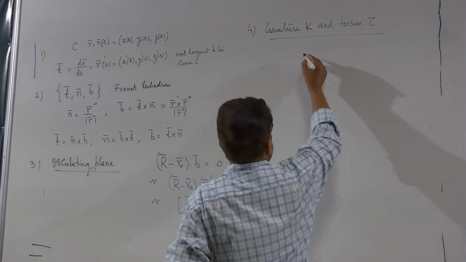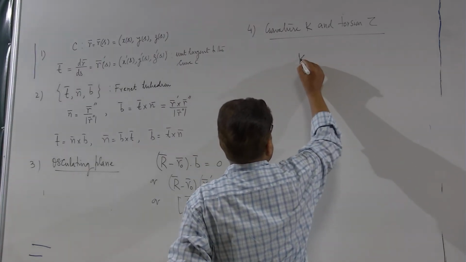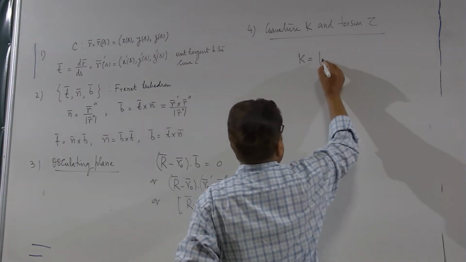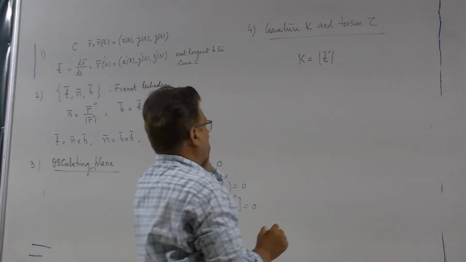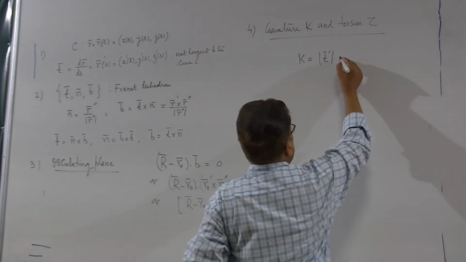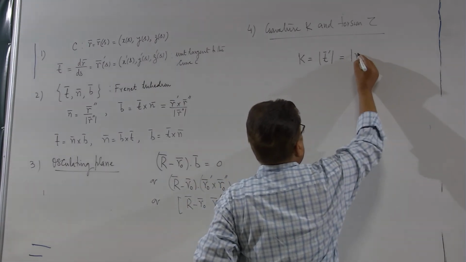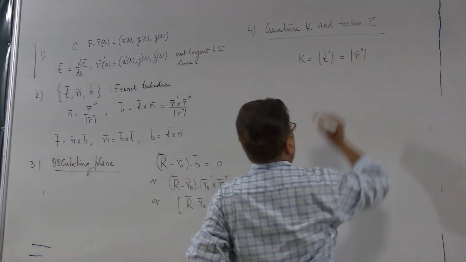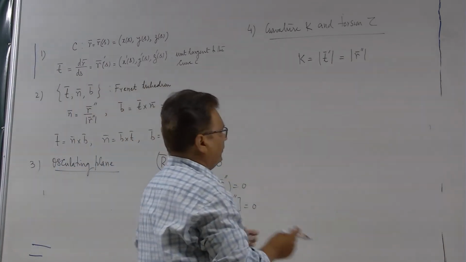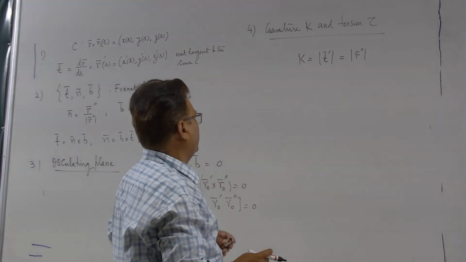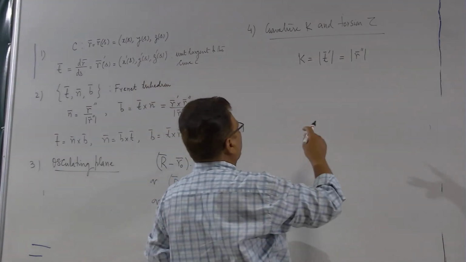So, all the time I am assuming that the curve C is a regular curve with this equation. If you compute the curvature, the curvature turns out to be the rate of change of the unit tangent T. You can write this also as r double dash, because T is r dash. And if you are working with generalized parameters, you can have a corresponding formula.